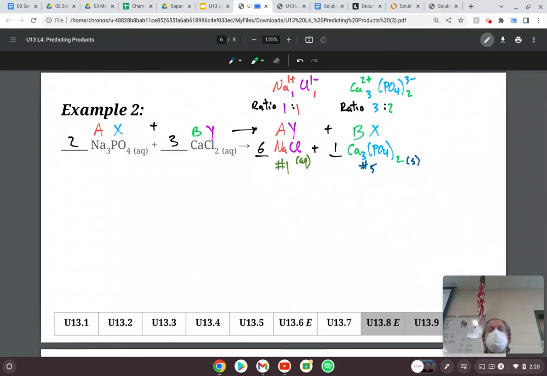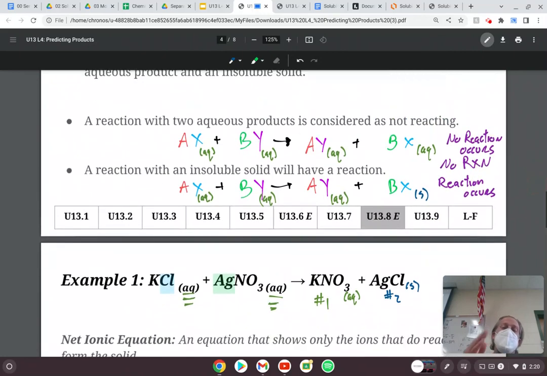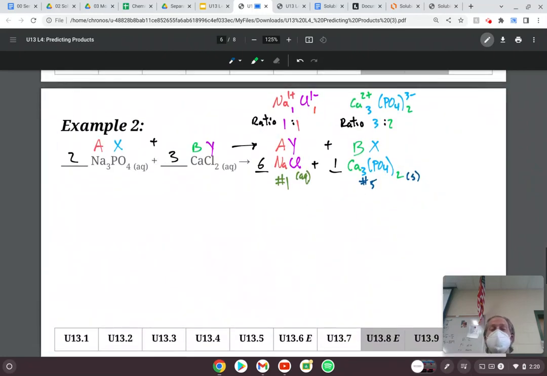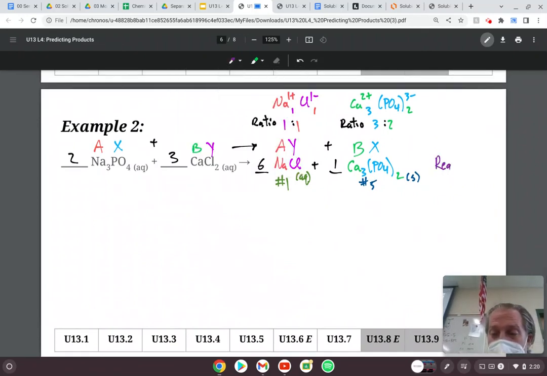And so according to the information that we have above, right, so I'm going to scroll back up to take a look at this real quick. If I have an aqueous product and a solid product, the reaction occurs. So I can identify this as reaction occurs.